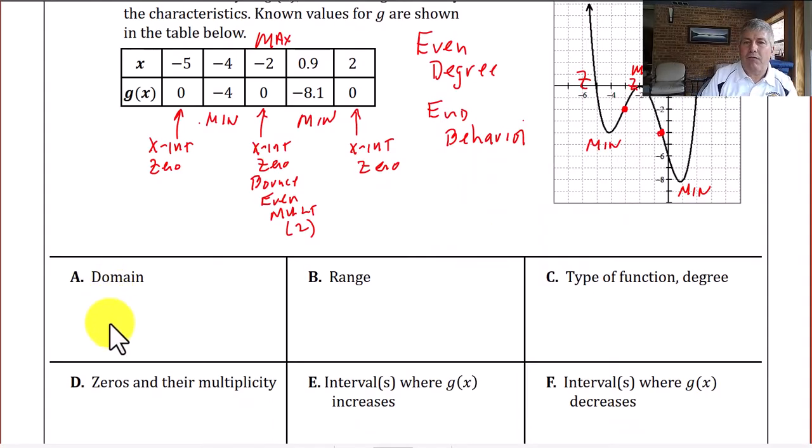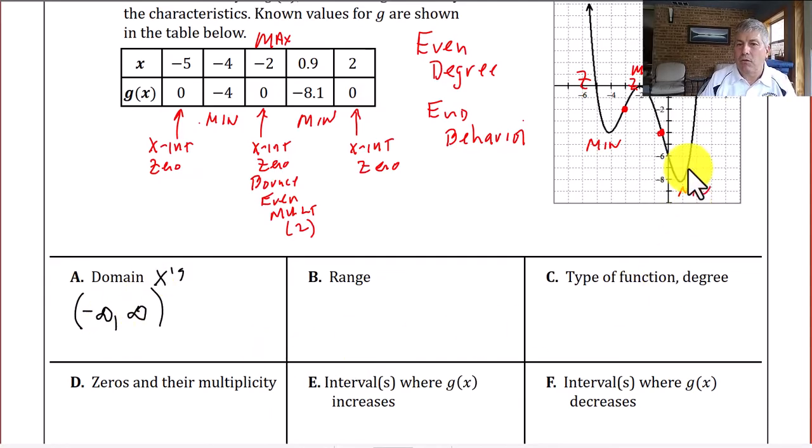So the domain of our function, what's the domain? Well, what are our valid x's? Our x's here, we can choose any x we want. We don't have any asymptotes. We don't have any holes. So our domain is all real numbers, so it's going to extend from -infinity to infinity.